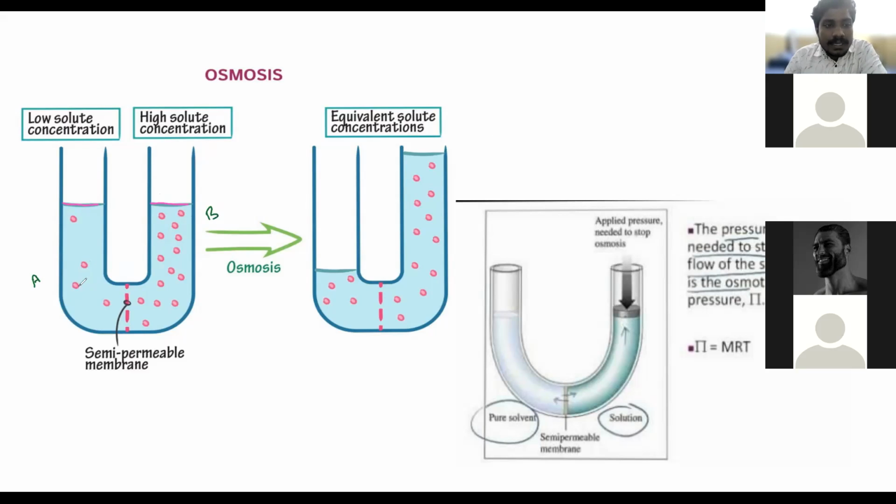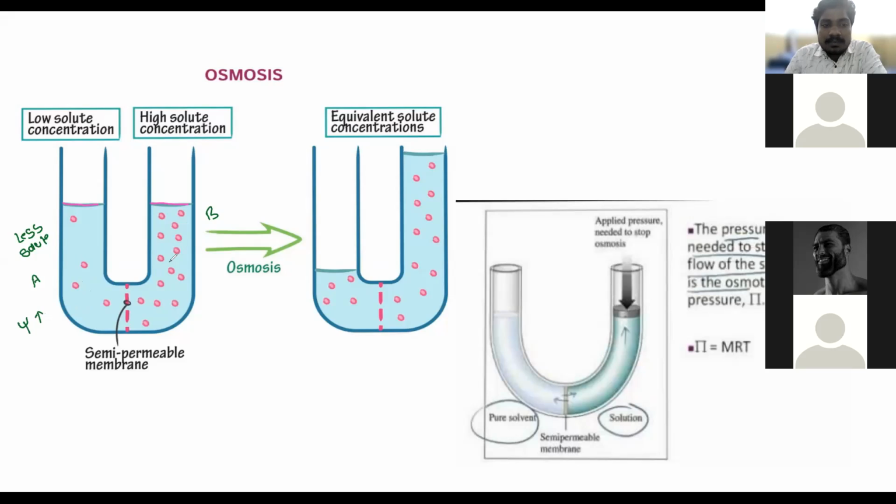We can see that on side A, fewer solutes are dissolved, less solute is present. Then its water potential will be slightly higher, because side A will have more free water molecules. So the water potential of side A will be higher.